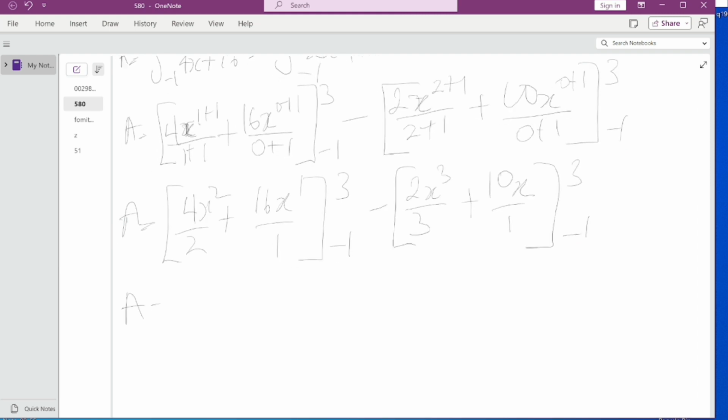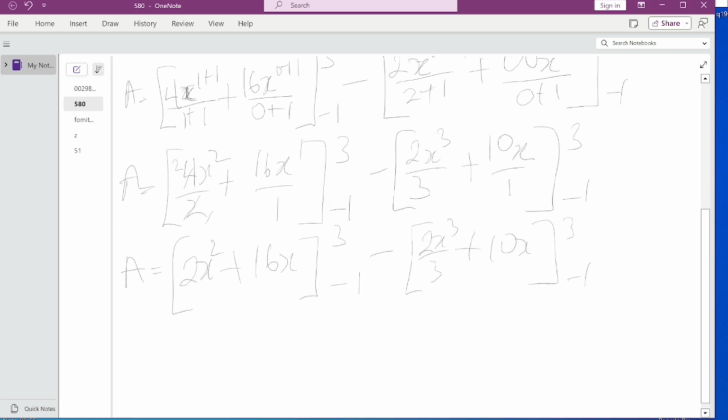We have A equals 2x squared plus 16x, that's 16 raised to the power 1, that's 16x over 1 is 16x. We'll close our brackets with our limits. Then we still have, you can't break this down, 2x to the power of 3 over 3 plus 10x. We'll put our limits.